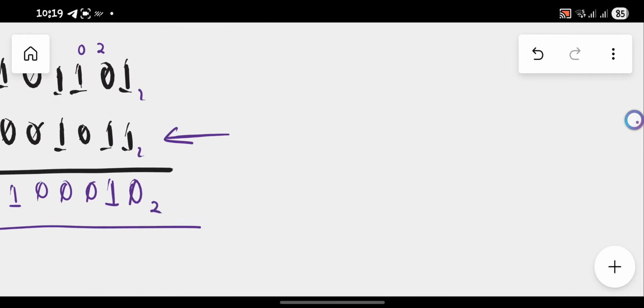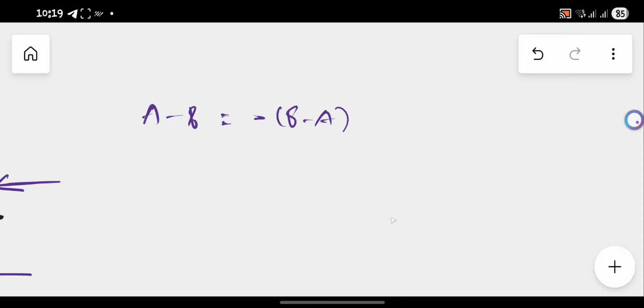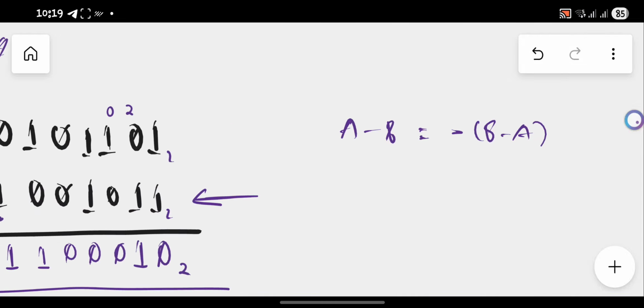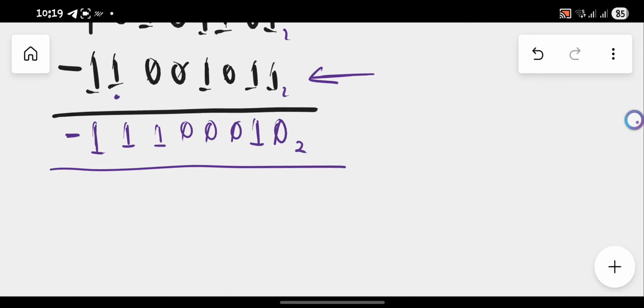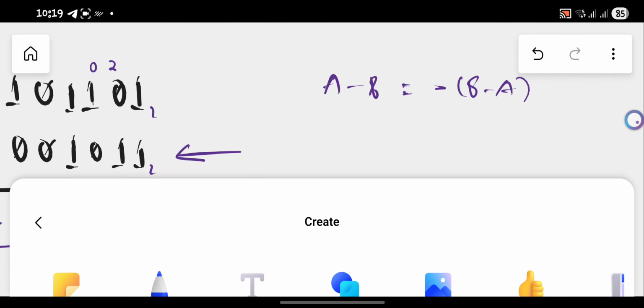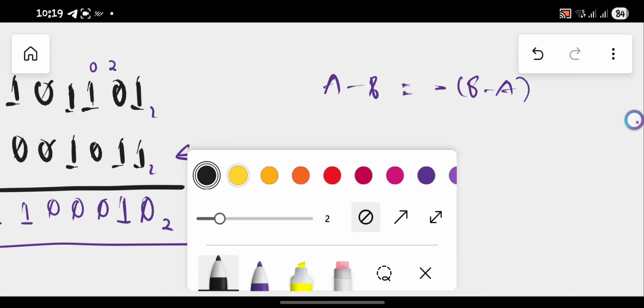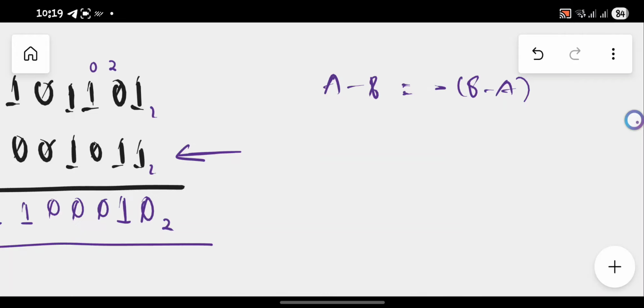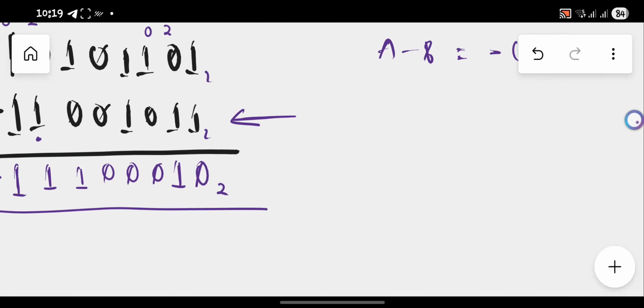So we know that if I have A minus B, I can just invert it and say B minus A. So we can also invert it and then do the subtraction. So let's do that alternative, method 2 here. So we have B coming up before A.